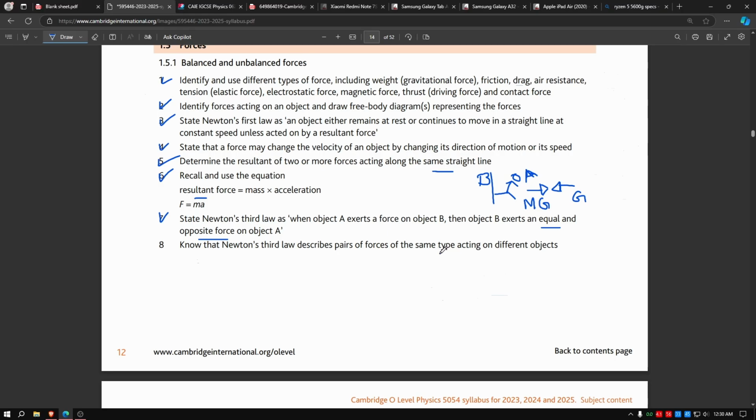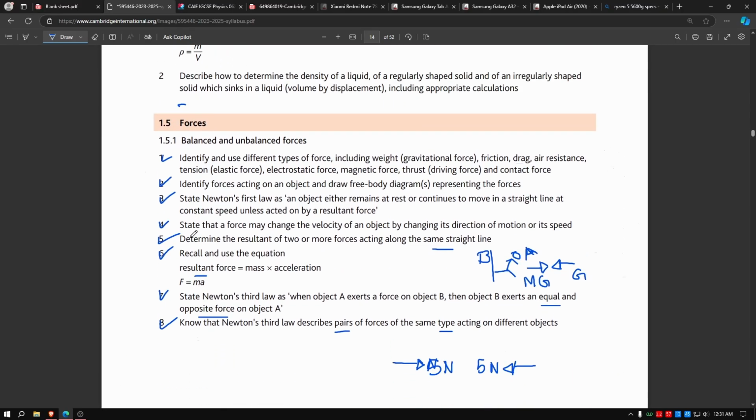So the forces have to be the same type and a pair, identical or equal to each other. If one is 5 Newtons, the other one will also be 5 Newtons backwards. So they have to be of the same type and a pair acting on the same plane. So that's more or less all on chapter 1.5.